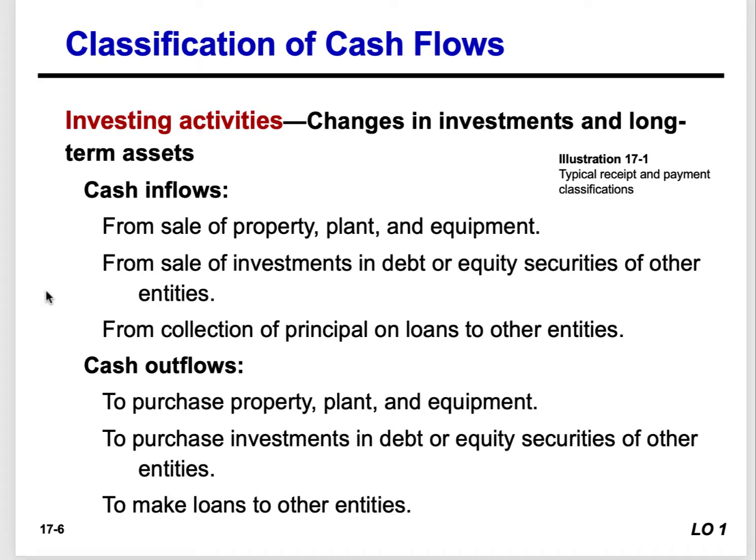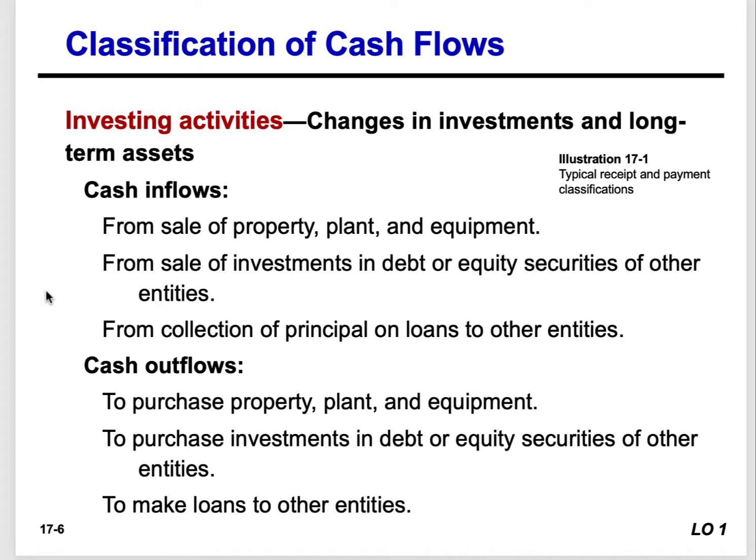So what are examples of cash inflows that pertain only to investing? If we sell property, plant, and equipment, that's going to be a cash inflow, right? We don't care if we made a gain or loss on sale. All we care about is, did we sell a piece of property or a plant or equipment to get cash, okay? We're not worried about the value, so to speak.